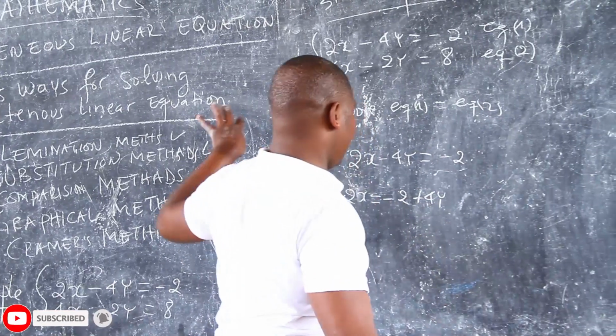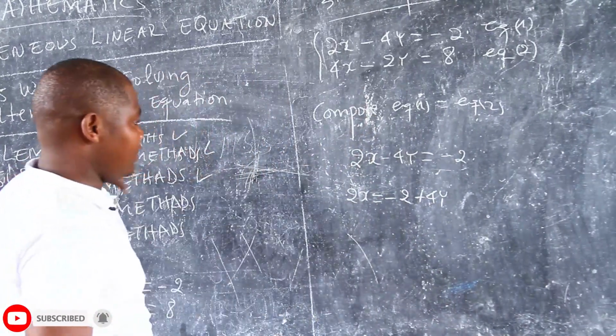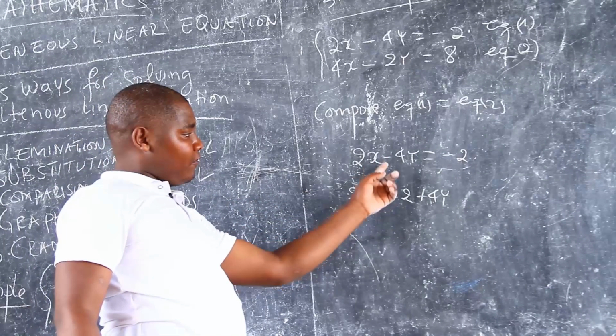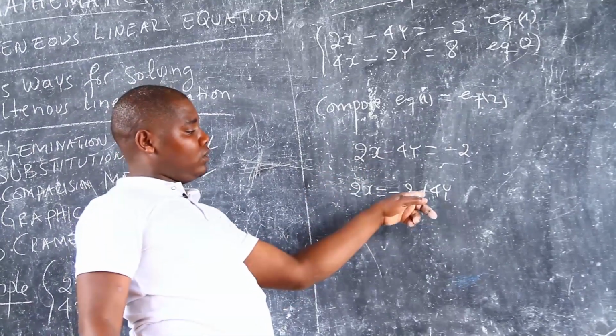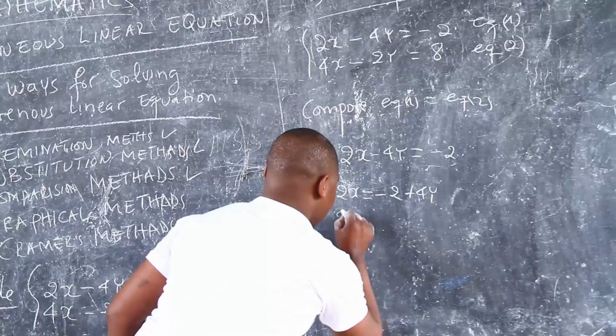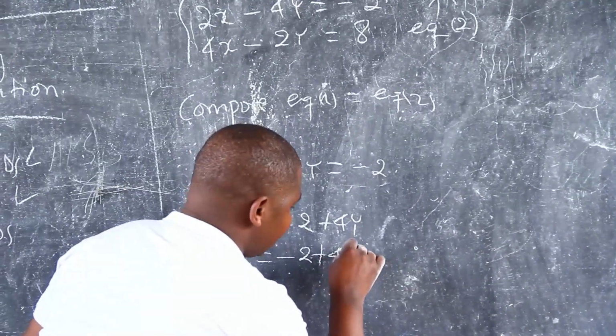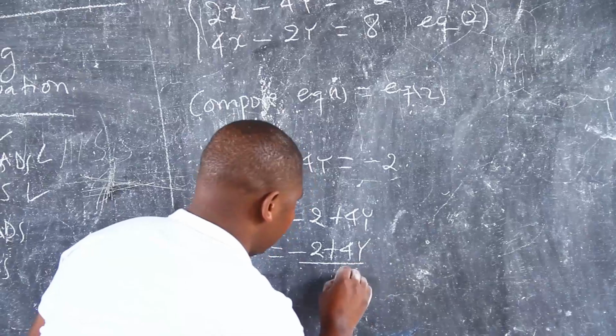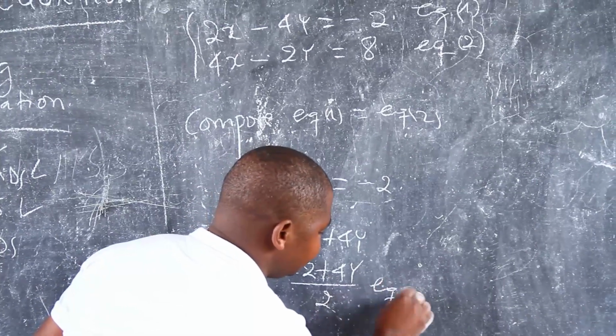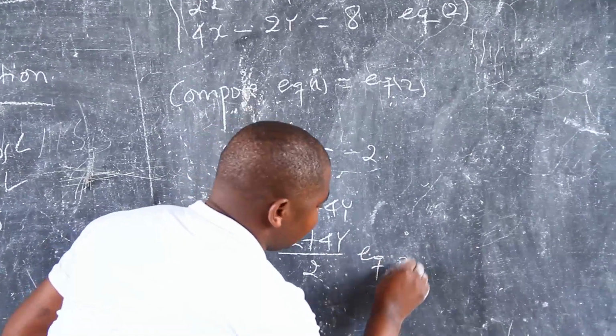You remember, if you have a negative, it can change to positive. x will be equal to negative 2 plus 4y over 2. This is equation number 3.